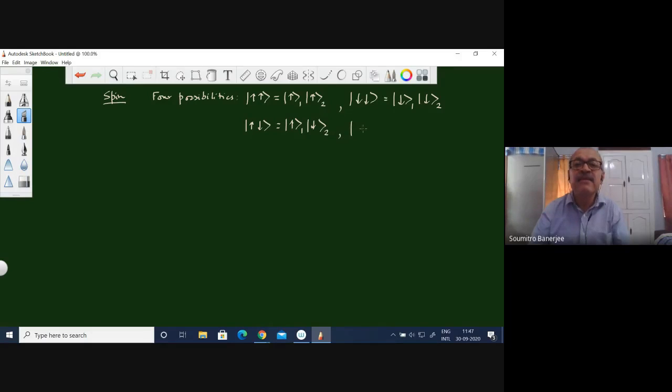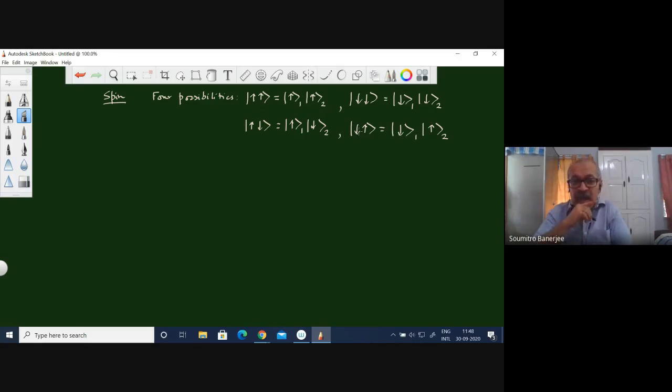The fourth possibility is down, up: the first particle is down, the second particle is up. I'm writing this explicitly because I want to get into your head that this is a positional convention. The first particle up and second particle down is not the same as this.